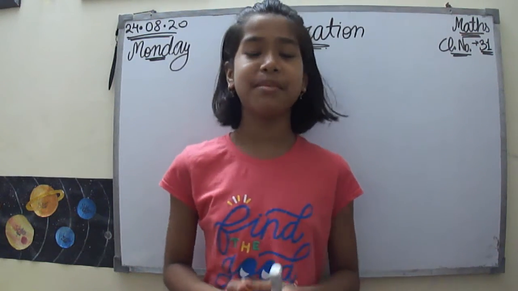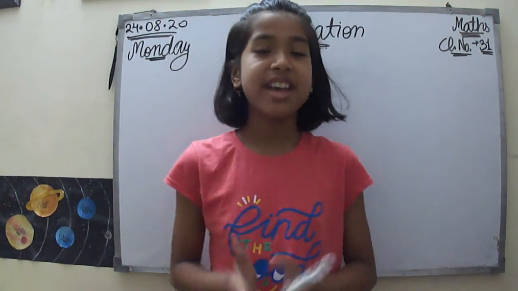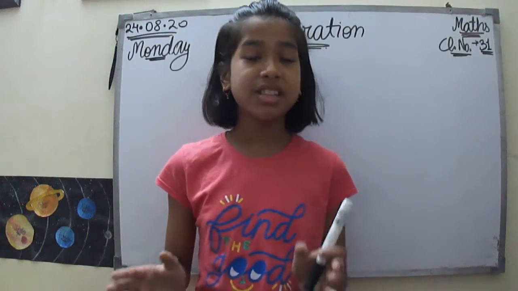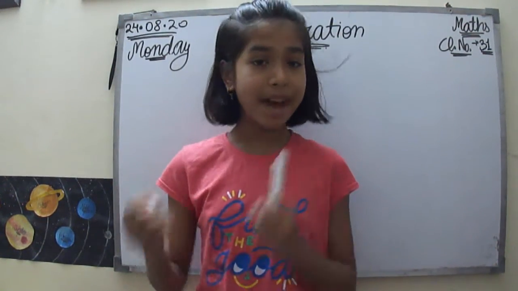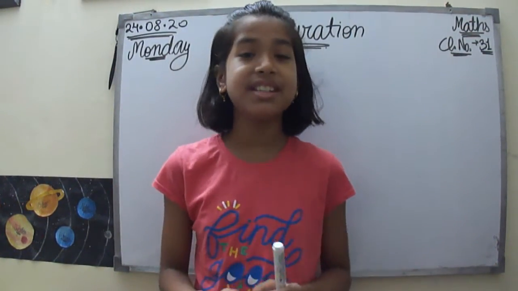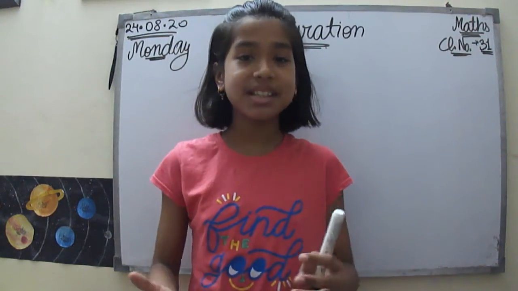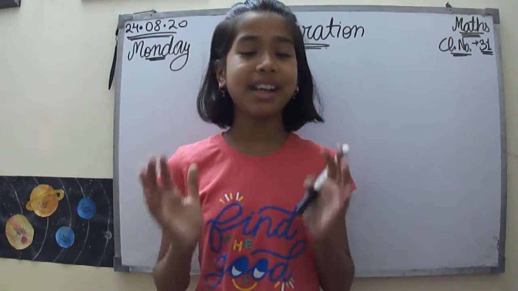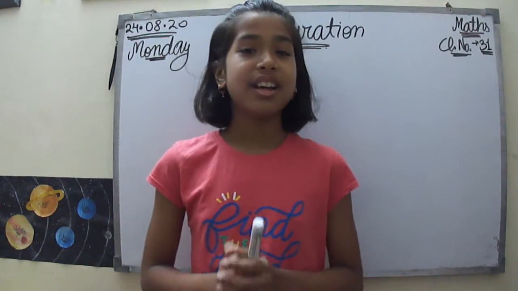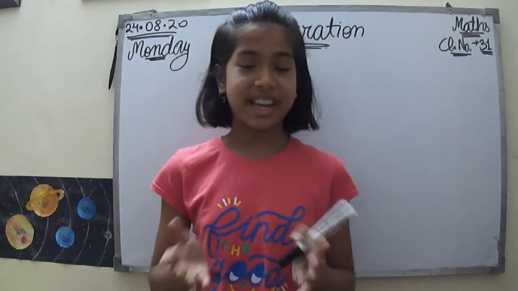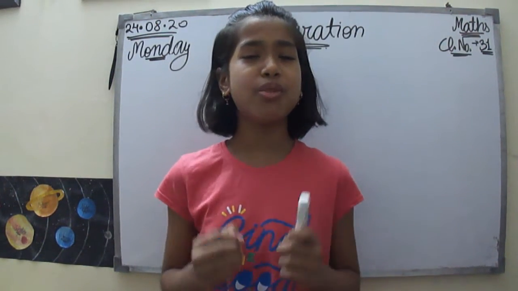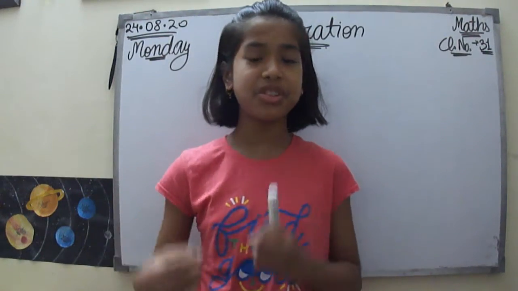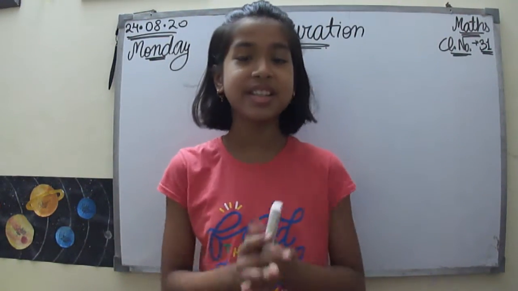Now, what do we mean by mensuration first? Mensuration is a branch of mathematics which deals with the measurements of geometrical figures and shapes. You can say that also. So what do we mean by the measurements of shapes and geometrical figures?